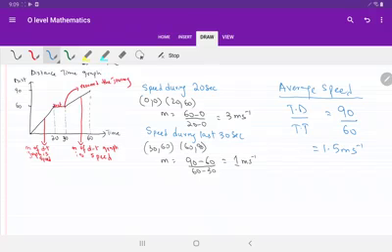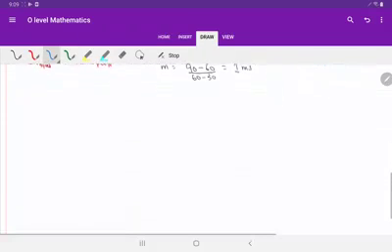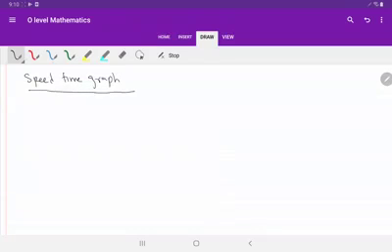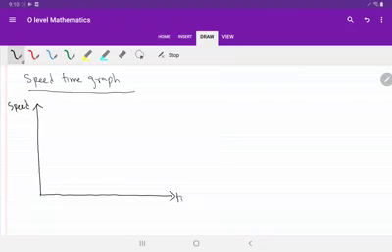The next thing is the speed time graph. In order to draw the speed time graph, we must realize that the vertical axis refers to the speed and the horizontal axis refers to time.